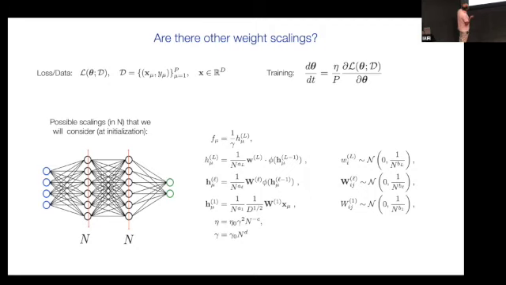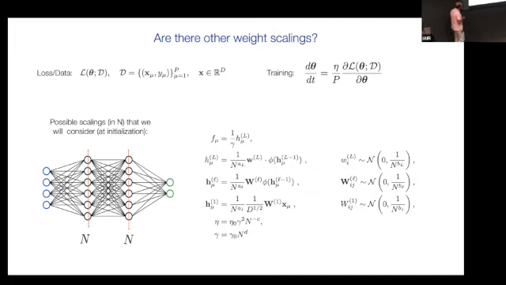Note that these things are not the same because gradient acts on these W's, and so putting this N over here or there makes a difference. You could scale the learning rate with some power of N, and also this parameter over here with some power of N. I put some factors of gamma in the learning rate eta because it's going to make my algebra easier, but this is not losing any generality. And I'm not dealing with biases here just to make the algebra a bit simpler for these slides.